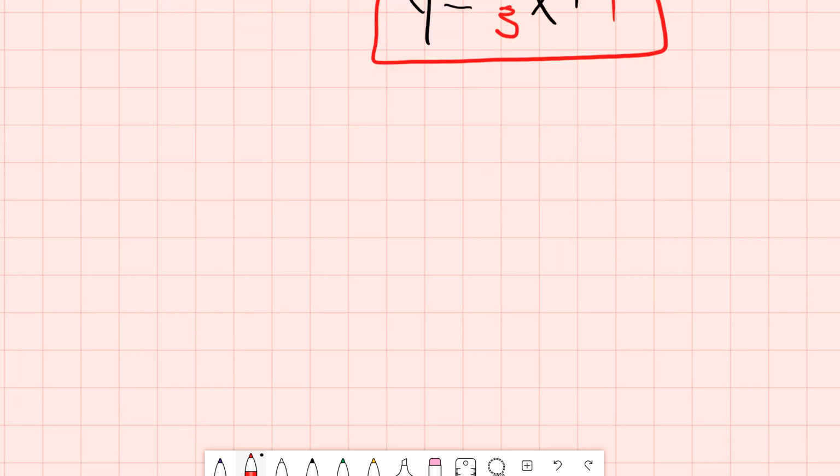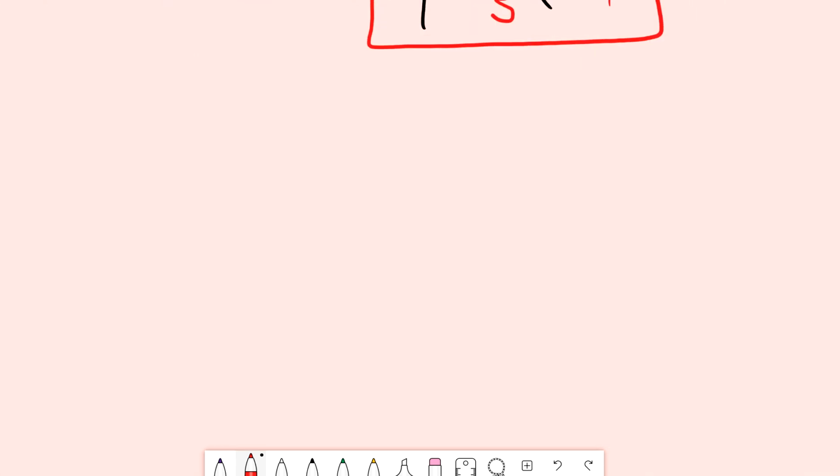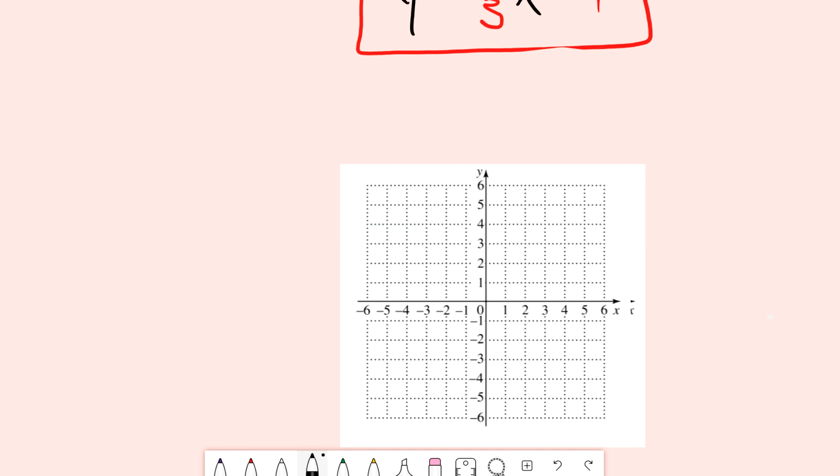If I graph this, I'm going to draw a generic graph for this one, since we're kind of new here, or young in the semester. Let me grab a graph. Okay, so if I'm going to graph this equation, it's in slope-intercept form, so we always start at the y-intercept.